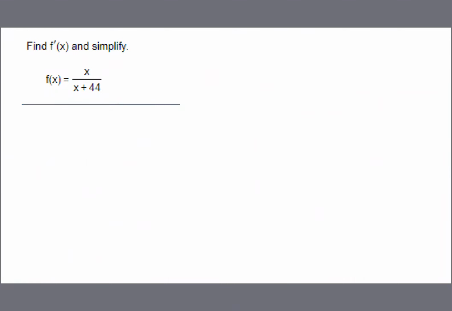Okay, so find the first derivative, and here we have a fraction, so we're going to use the quotient rule. So let's say f of x is g of x over h of x.